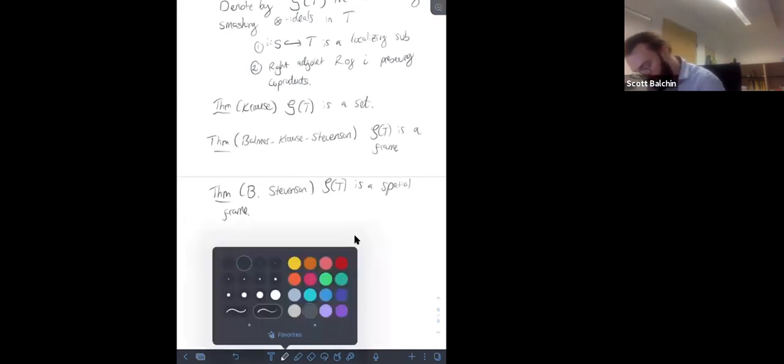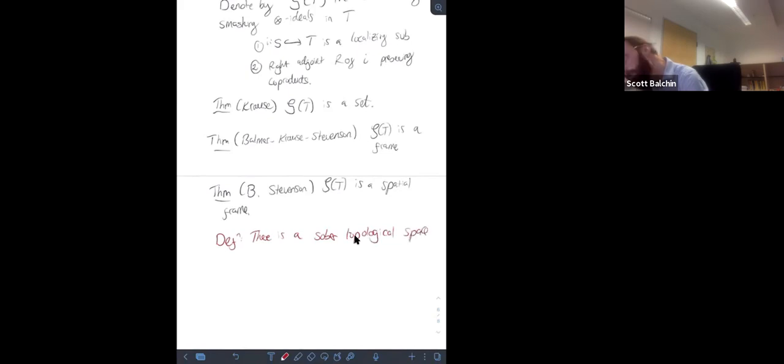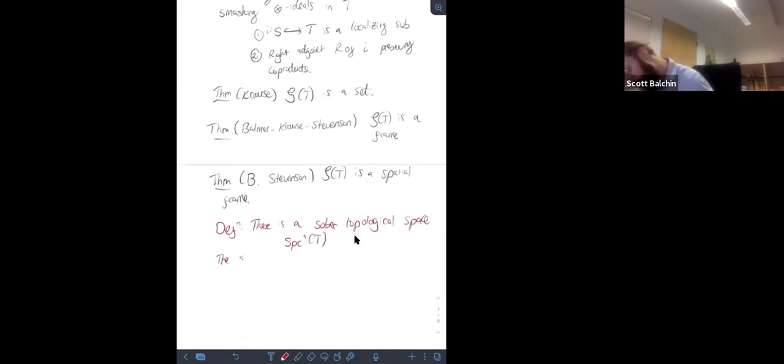Because I can give the main definition. We'll put it in red because it's so good. So there is a sober topological space which I'll denote by book S of t, the smashing spectrum of t.